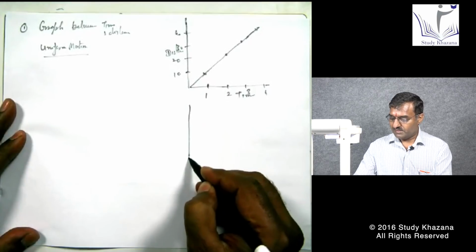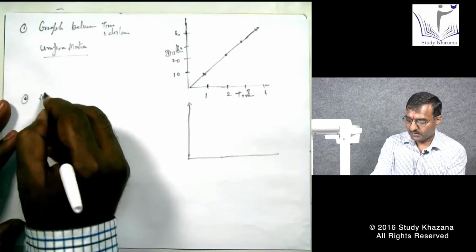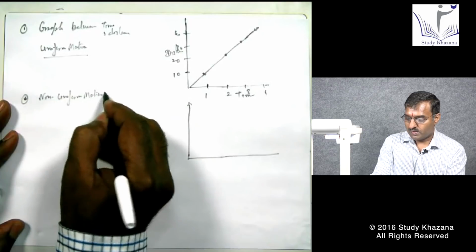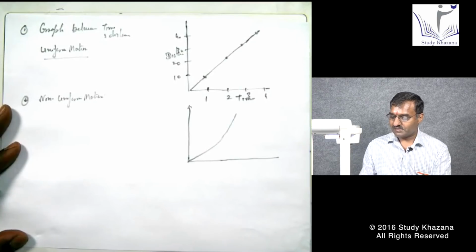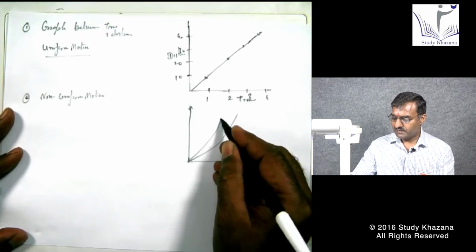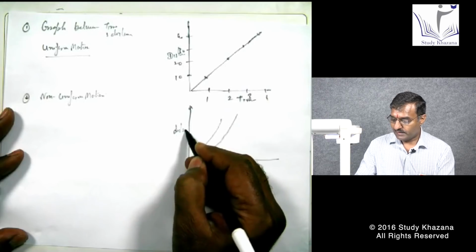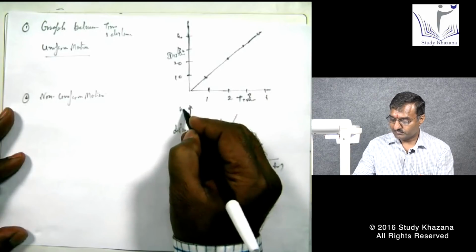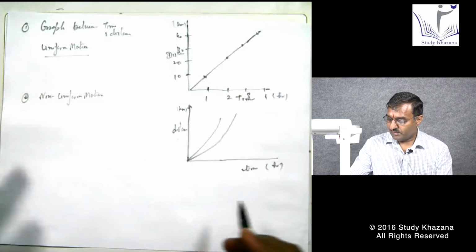But if it is a non-uniform motion, the graph can be like this, or maybe different. So what is changing here?